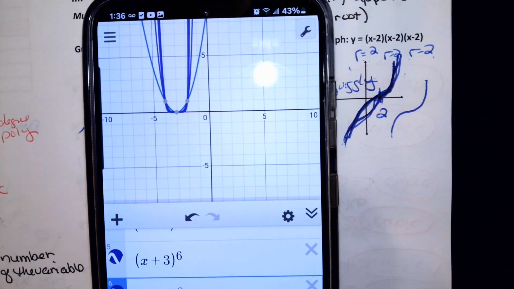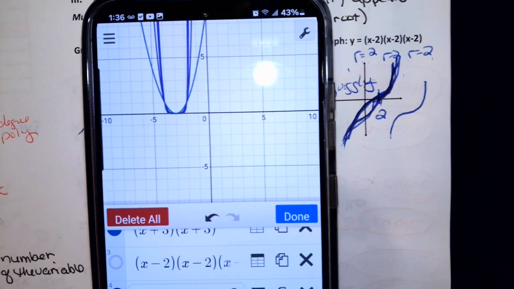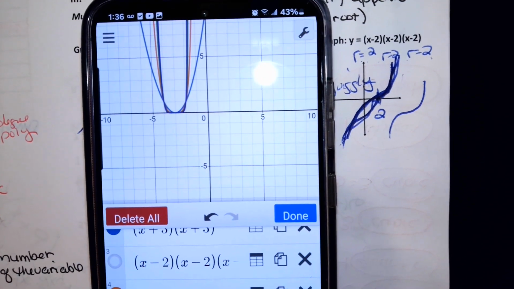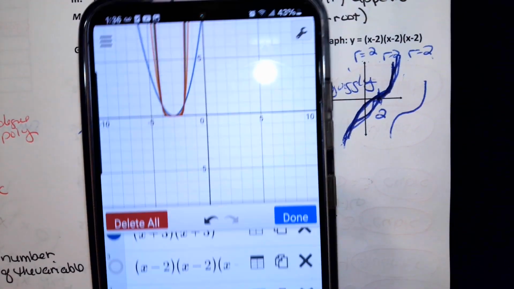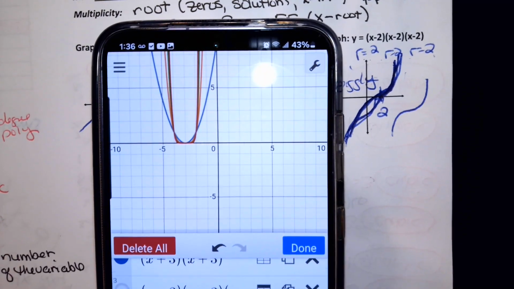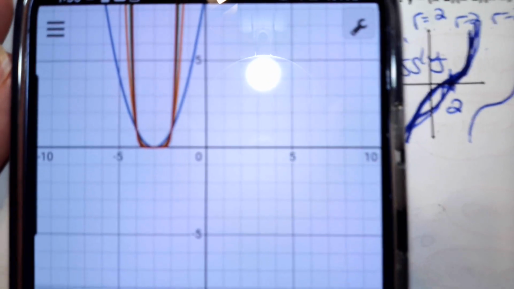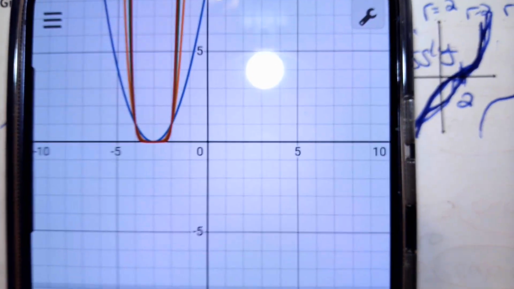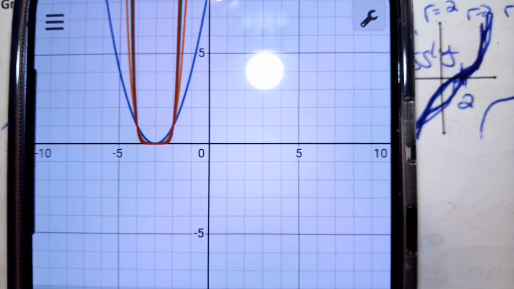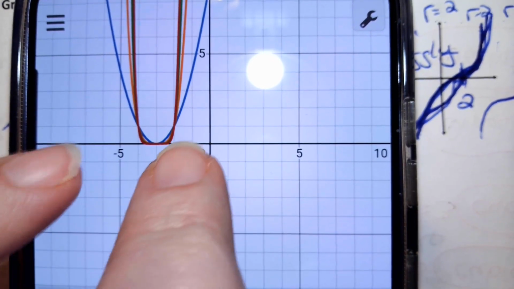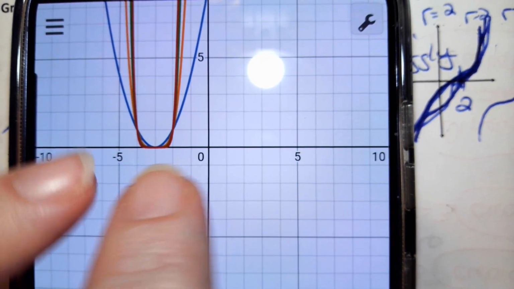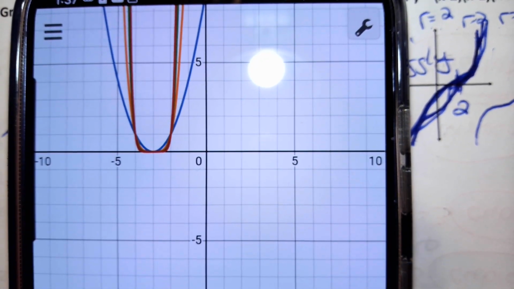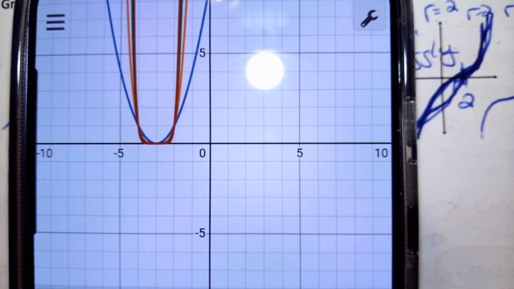Okay, that's still a parabola. But if you notice, looking closer right here, the bigger the degree, the flatter it's getting right here at the vertex. Okay? So they all have the same shape.